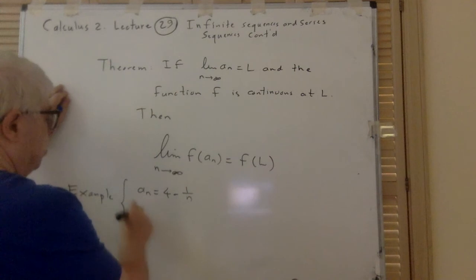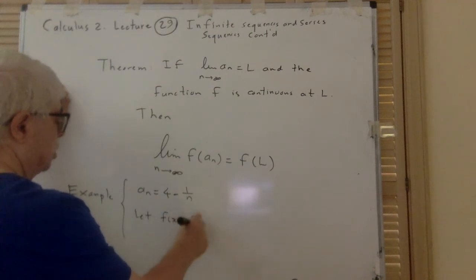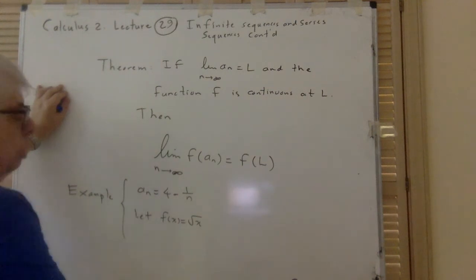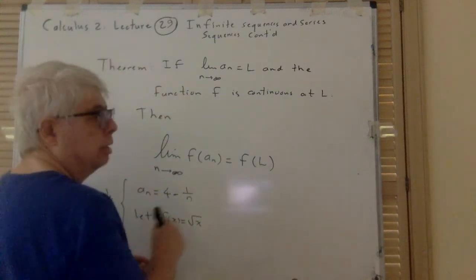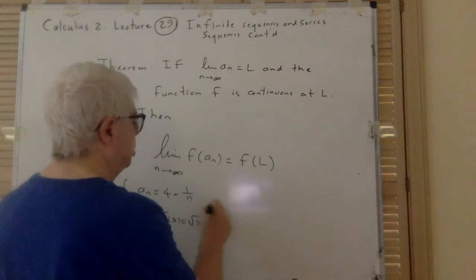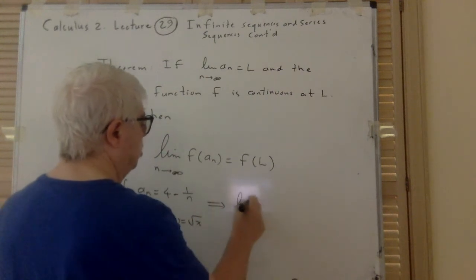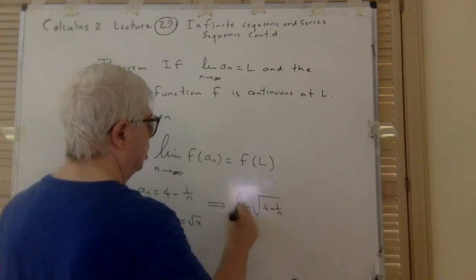Then let f of x be the square root of x. Look, when n starts at 1, this is always positive, so the square root of an makes sense. So what is the limit of the square root of 4 minus 1 over n?